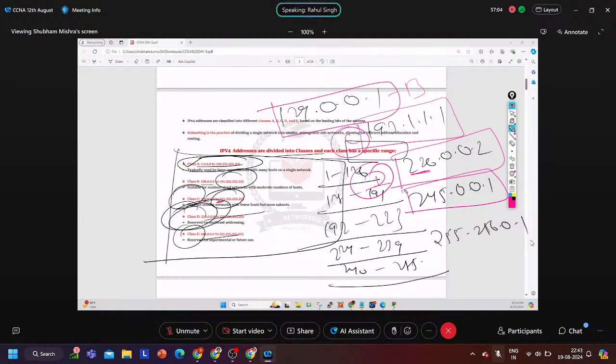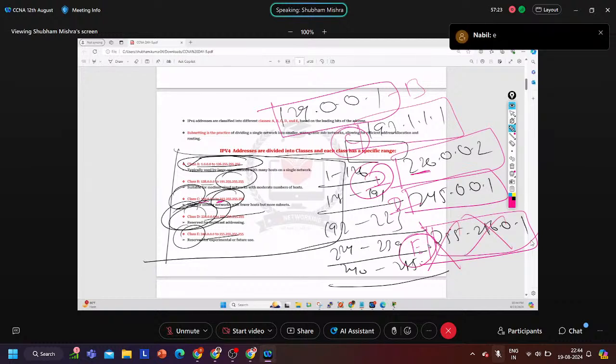Class E. Okay, E. Next. Ibn, this IP address belongs to which class? Class E. It is class E, but this 256 is not a valid IP address. Guys, this is not the valid IP address.